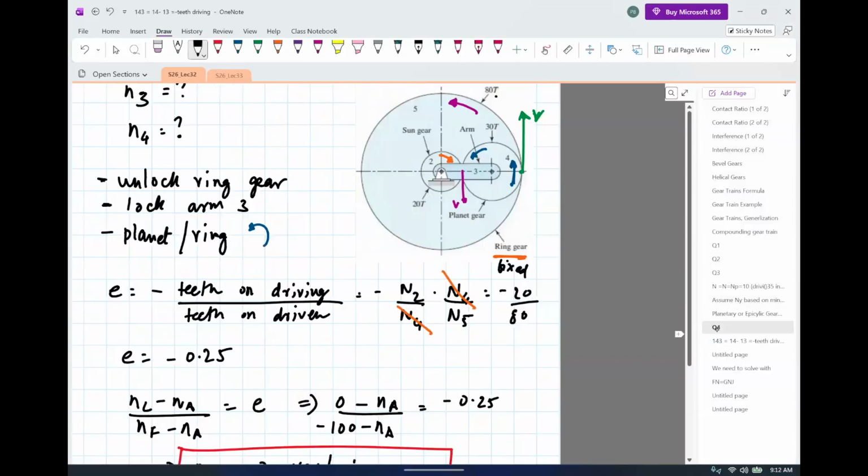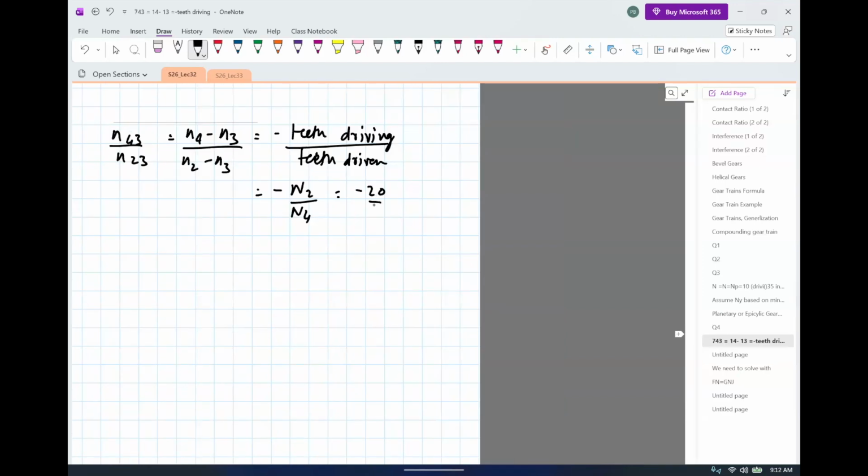N2 has 20 teeth, N4 has 30. So we can write N4, which is the unknown, minus N3; N3 is the speed of the arm, minus 20, over N2, which is 100, minus N3, which is minus 20, equals the tooth ratio.